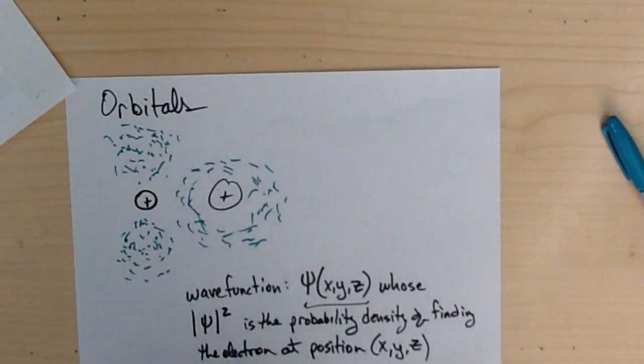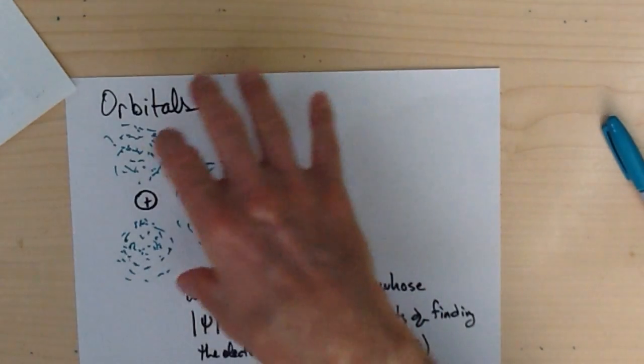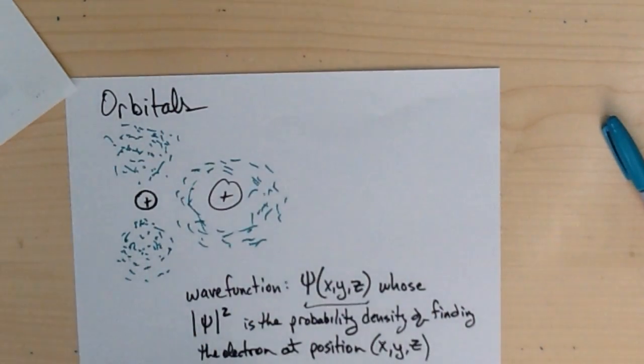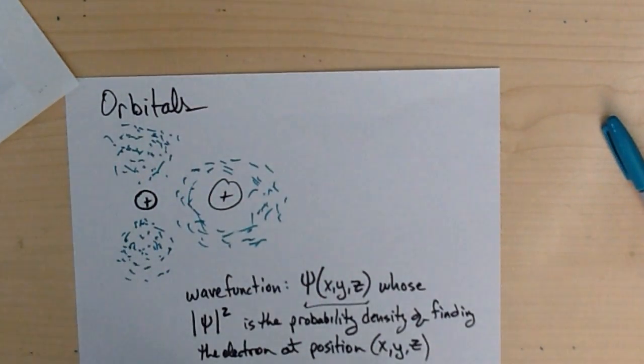And this can be viewed on an atomic level, but it can also be viewed within solids, as we will later when we talk about transistors and interfaces between different materials. All right, so these orbitals are really important because electrons exist within atoms within these orbitals.